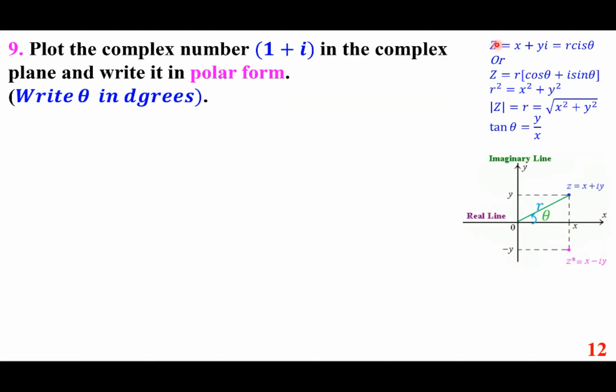This is exactly the same thing that we learned as a plus bi when we studied complex numbers in algebra, where i by definition is the square root of -1.